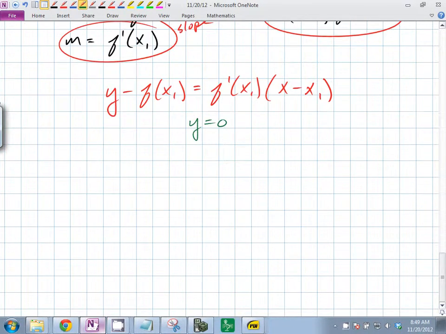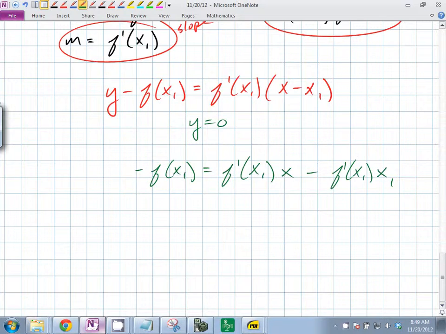Negative f of x1 is equal to f prime of x1 times x minus f prime of x1 times x1. I'm distributing it, right? What are we trying to isolate on this? X. So if we want to isolate x, what do we add to both sides? F prime of x1 times x1.